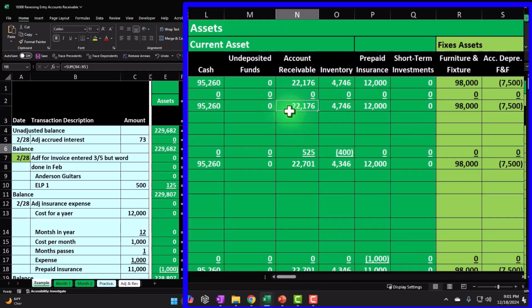Therefore, we're recording the revenue when the work was done, not when we receive money. When there's a difference between when the work was done and we receive money, there's going to be a difference between a cash and accrual basis for the revenue side of things.